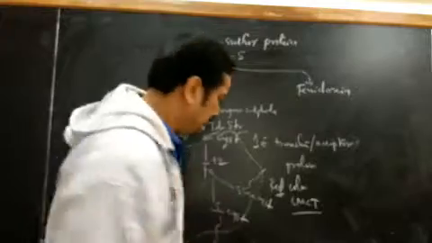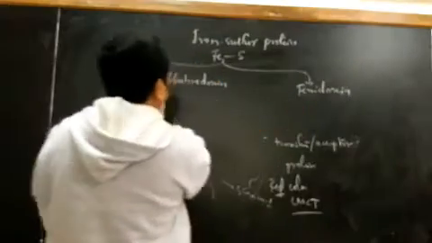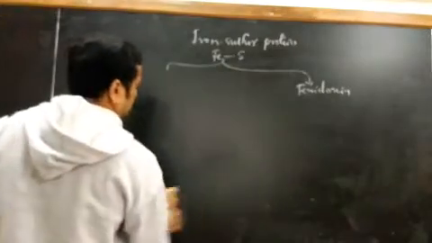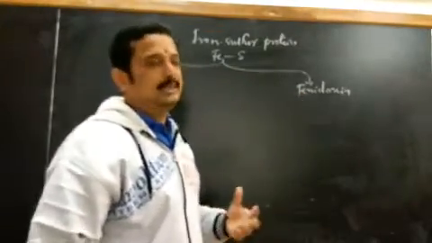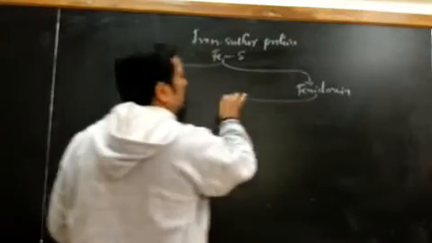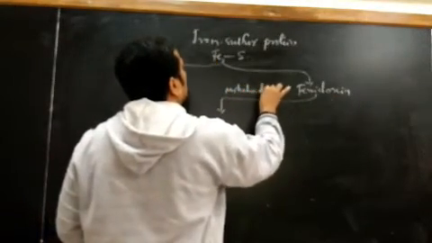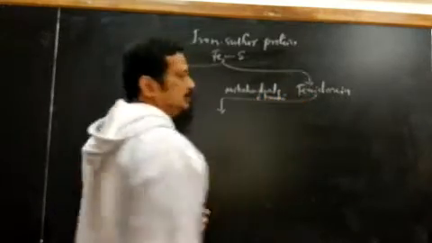Next we will go for ferredoxin. Ferredoxin is classified into different types. We will learn in detail, because this is the iron sulfur protein utilized in most of the mitochondrial electron transfer process.